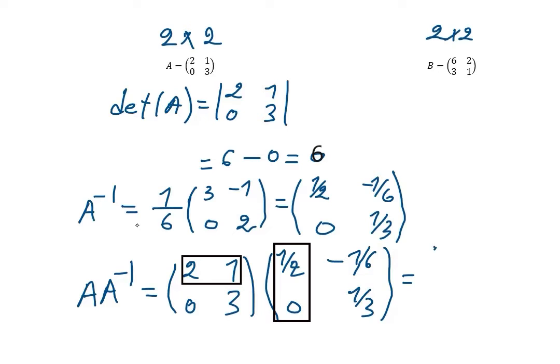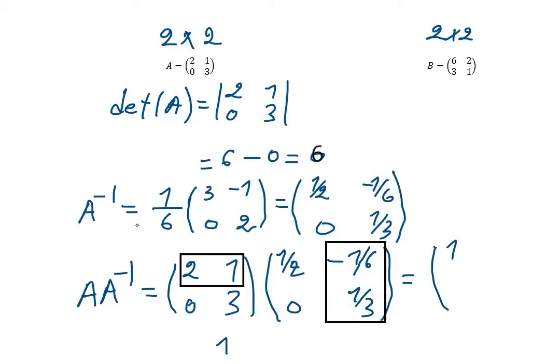The first entry in this matrix is this row times this column, so 2 times 1/2 is 1, plus 1 times 0, so this is 1. This row times this column is 2 times minus 1 over 6, which is minus 1 over 3, plus 1 times 1/3, so it is 1/3, which equals 0.